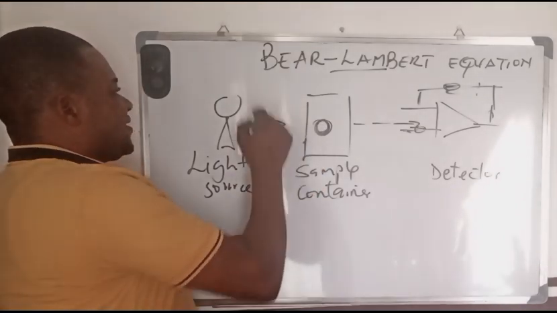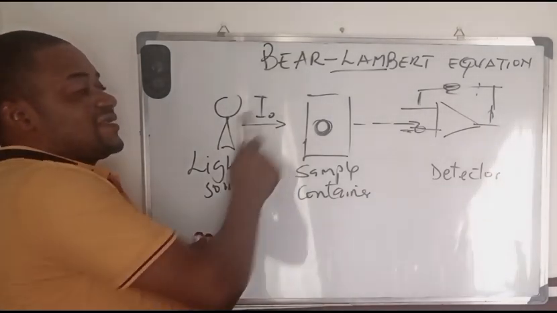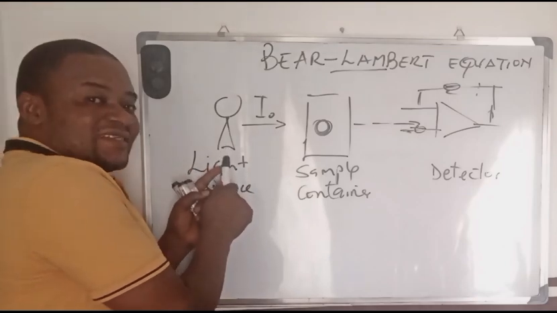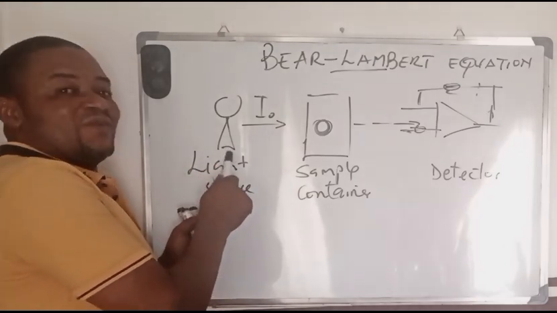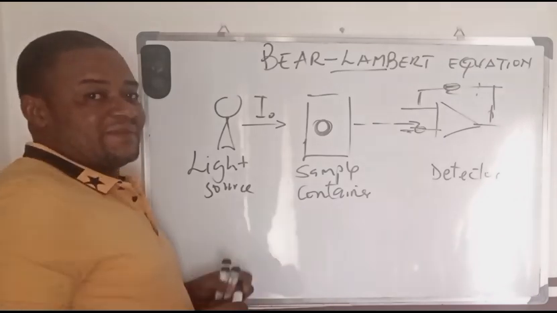When this light comes in, it is described as I0, and this is simply the intensity of the incident radiation that leaves the monochromatic light source and comes into the sample container.